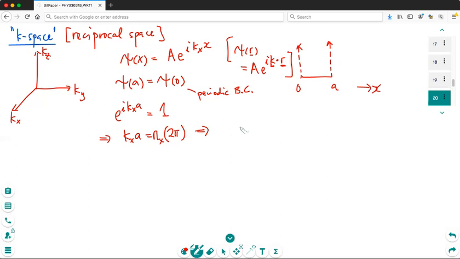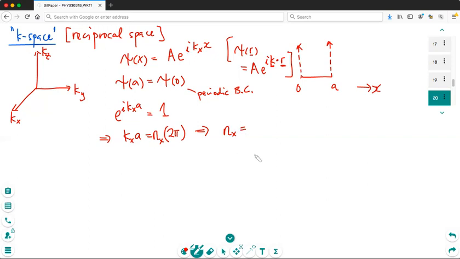Okay, so here, this is the key difference between this problem and the box boundary condition. Box boundary condition, your n cannot be 0, it has to start from 1, right? Because you have this sine wave function rather than exponential traveling wave functions.